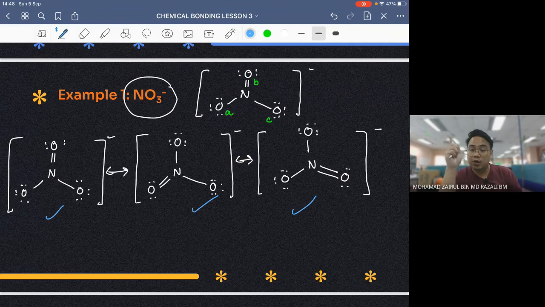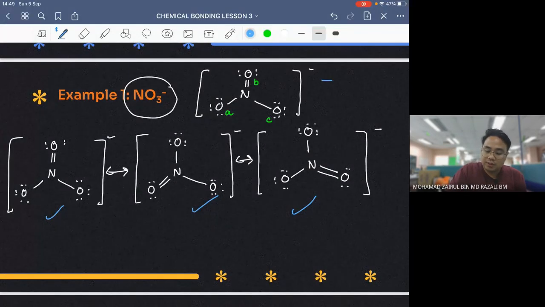Sebab kalau by theory, kita tahu waktu kita belajar first lesson dulu, single bond mesti akan lagi panjang daripada double bond, and double bond is longer than triple bond.